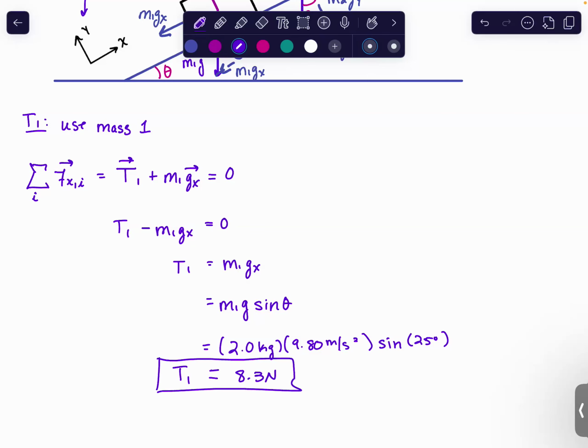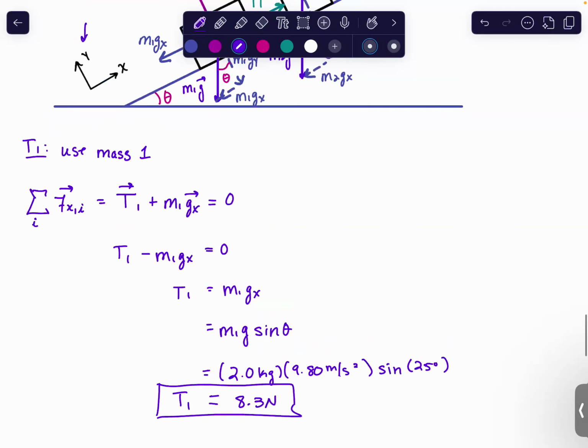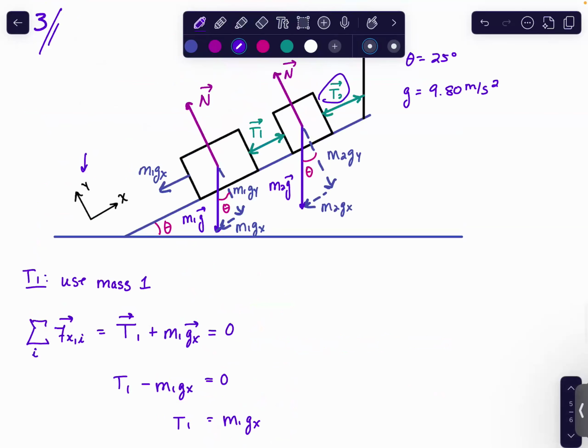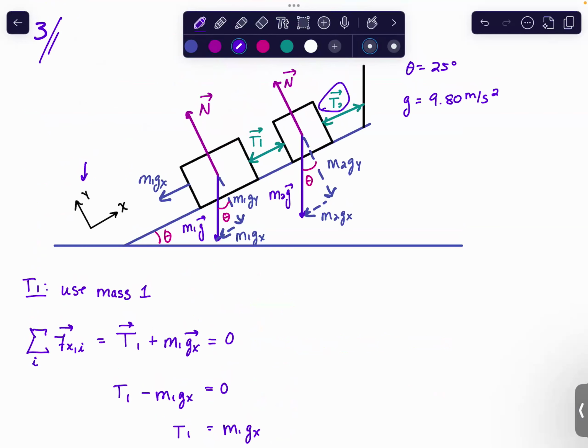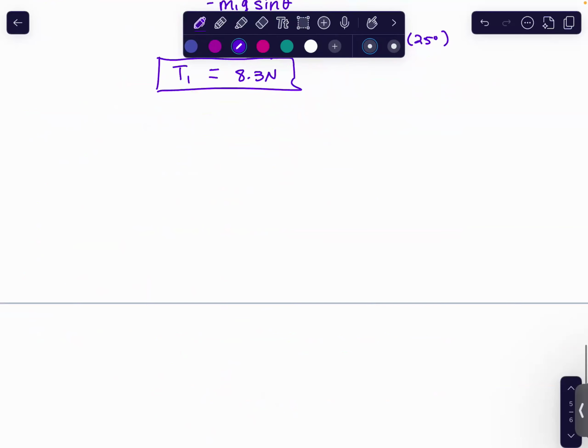So that solves for that first tension. Now for tension 2, we're going to have to use mass 2. And again, we're going to do our net component in the x direction because, if you look, the y components, the normal force and the y component of the gravity, they're just not going to come into play here. So let's solve for tension 2.